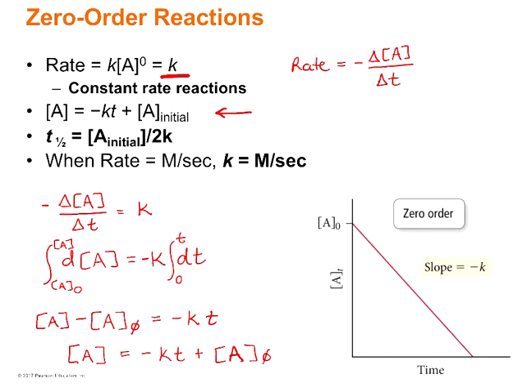Now, if you haven't taken calculus, or if you haven't gotten this far in calculus yet, don't worry, you don't have to know how to integrate these equations, but you will have to know this final expression, which is our integrated rate law.